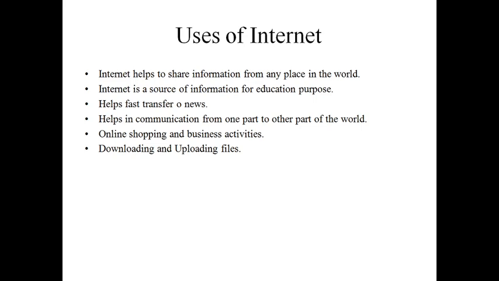We can clarify our doubt by looking into the Wikipedia. For any doubts, we can search the Wikipedia. And internet helps us to transfer data faster.